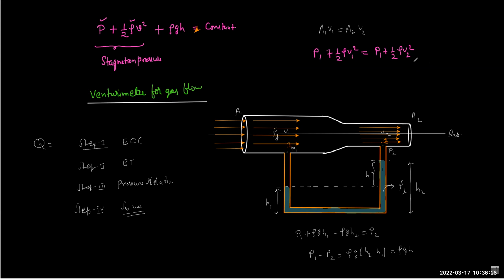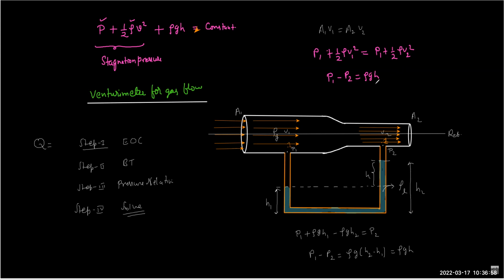And remember that whenever we connect some kind of tube, the only purpose of the tube is to know the difference of pressure. You can enter the tube and exit the tube and find the pressure difference. And step 3 is the pressure relation that we have derived: P1 minus P2 is rho g h, h is the difference.